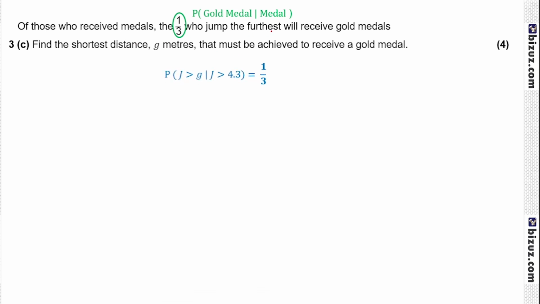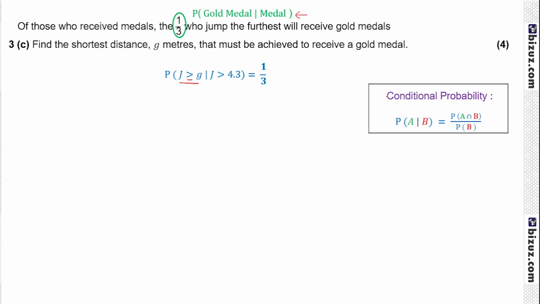So, if we translate this mathematically, the probability of getting a gold medal means that j is greater than g, or greater than or equal to, that would mean the same thing. So this is equivalent to getting gold medal, and getting a medal is the same as j being greater than 4.3. Now this is going to be equal to 1/3.